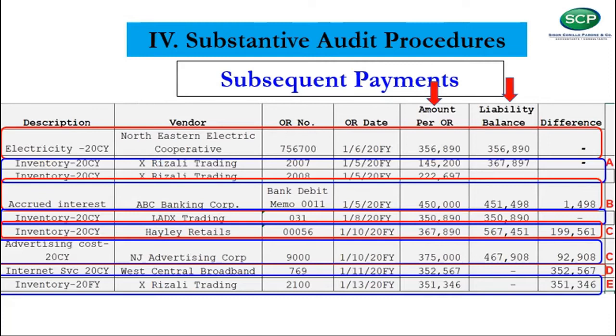But since the purchase is for 20 FY already, then it is rightly recorded in the books of the company as a 20 FY transaction, and therefore no need to perform any other procedure on this account. So this one, properly recorded siya as a 20 FY transaction kasi yung purchases niya is for 20 FY naman talaga.